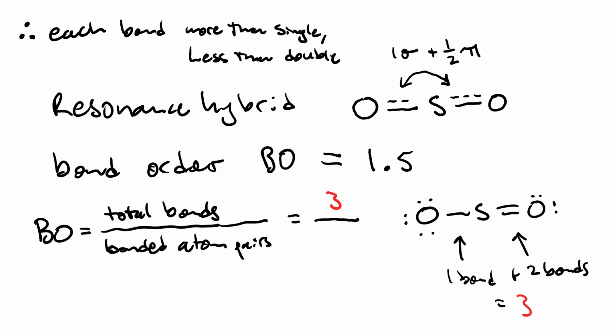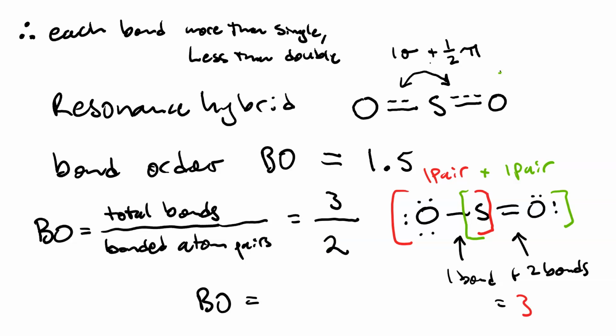On the bottom is the number of bonding atom pairs. The sulfur and the oxygen on the left, that's one pair of atoms that are bonded to each other. The sulfur and the oxygen on the right is another pair. 1 plus 1 is 2. Thus, the bond order for each SO bond in sulfur dioxide is 1.5.